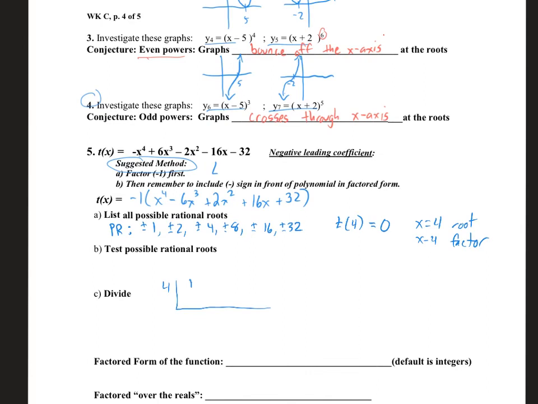So I'm going to use the one where -1's factored out, so we want to keep that factored out at the end anyways. Perform your synthetic division. And we get a remainder of 0, which again is what we need.